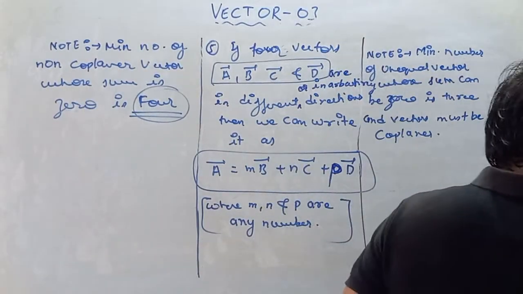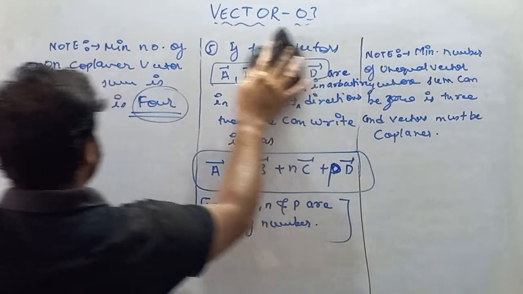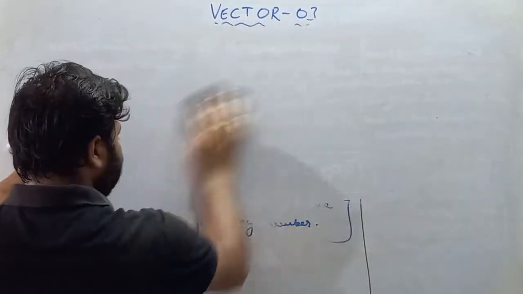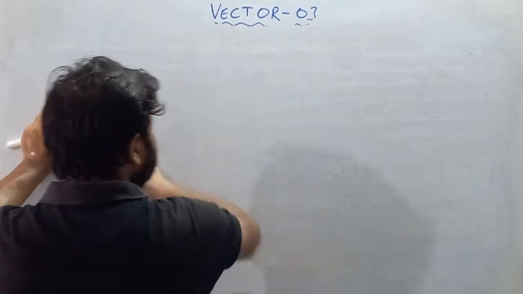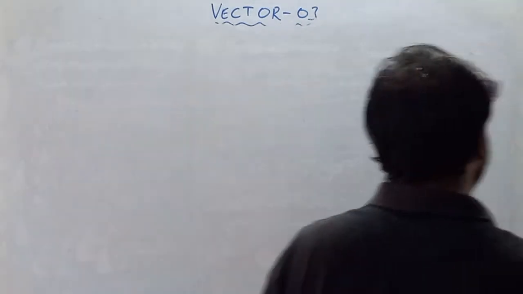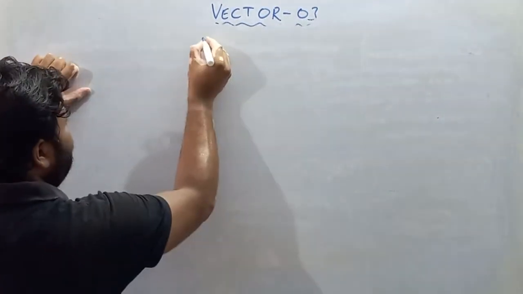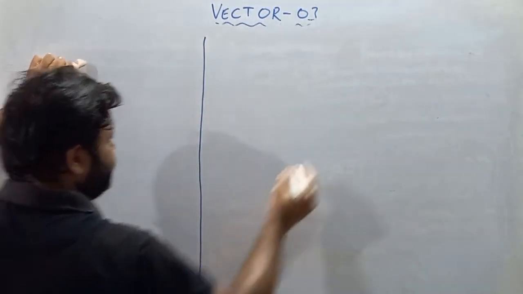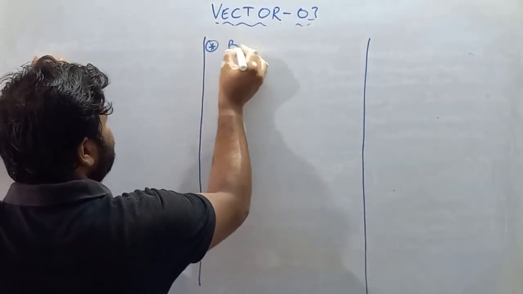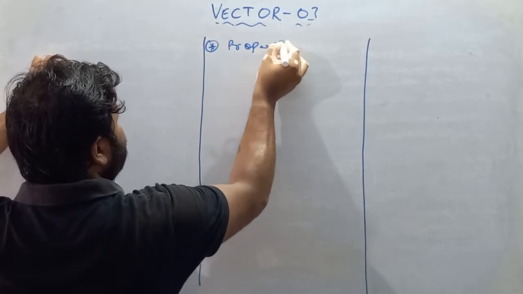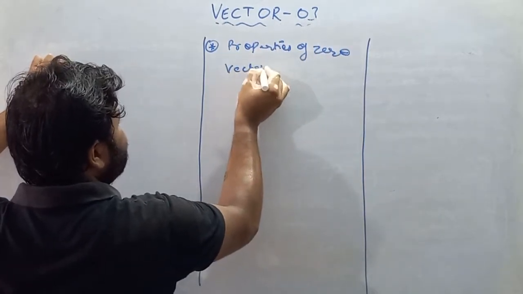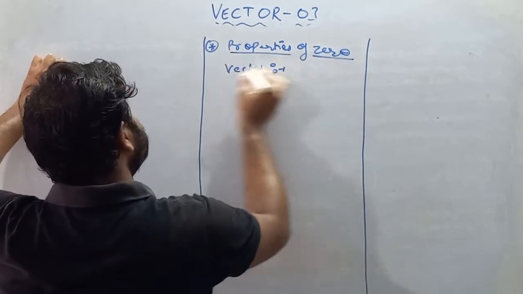Now moving next, properties of zero vector. I already discussed that, beta.